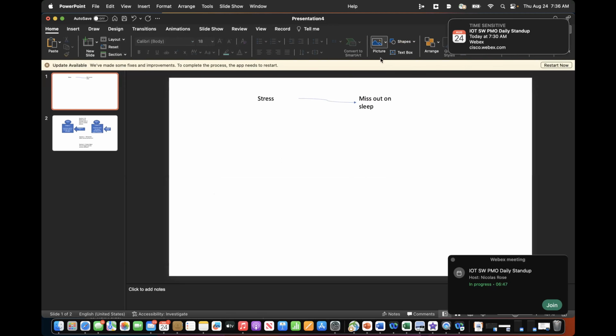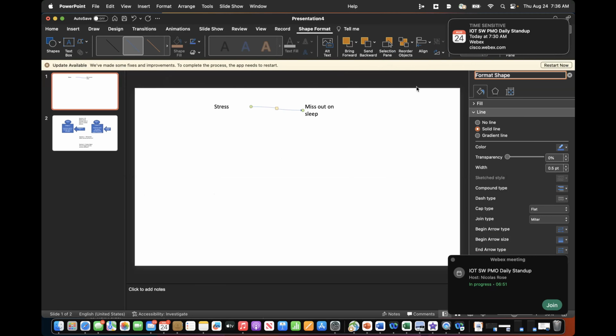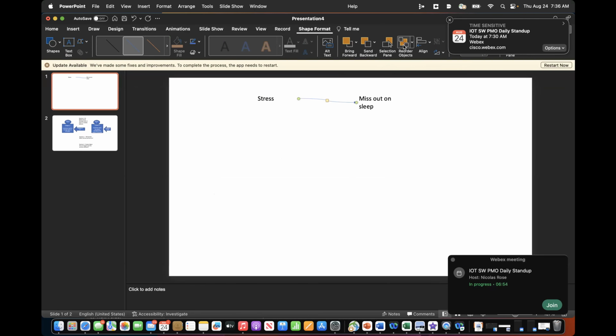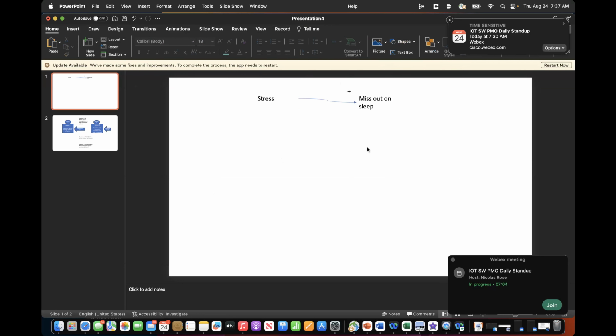I'm going to throw in another text box here. I'm going to put a plus here because it's a positive relationship, meaning that stress causes me to miss out on sleep.